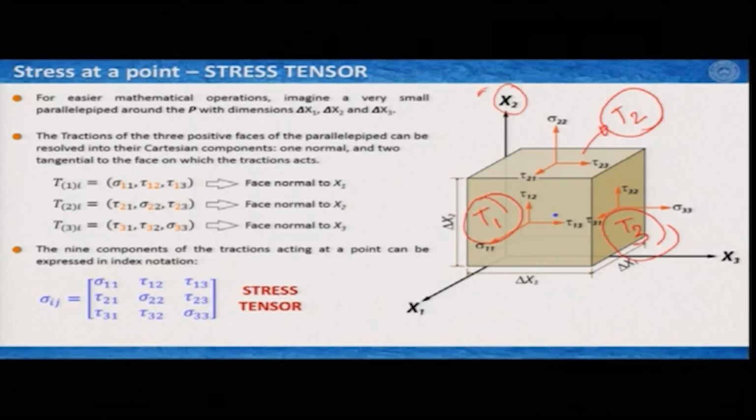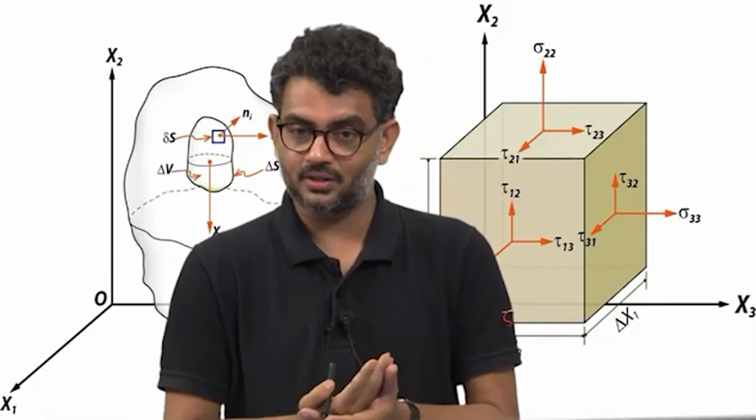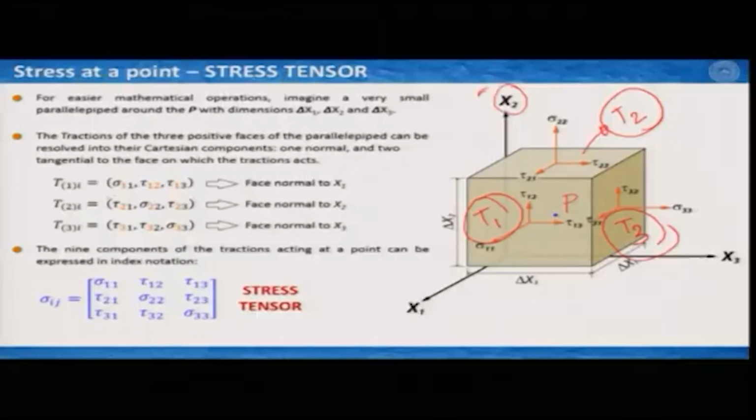But everything we are doing is to define the stress at this point P. To define the state of stress at point P, we first have to resolve the stresses acting along the three surfaces. So, T1 is sigma 1 1, tau 1 2 and tau 1 3 for the face normal to x1.